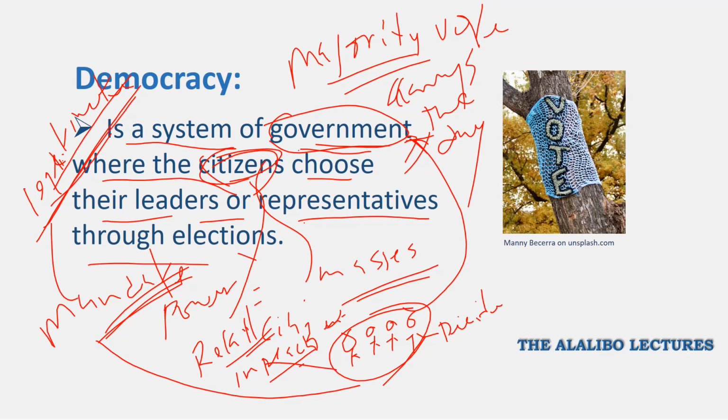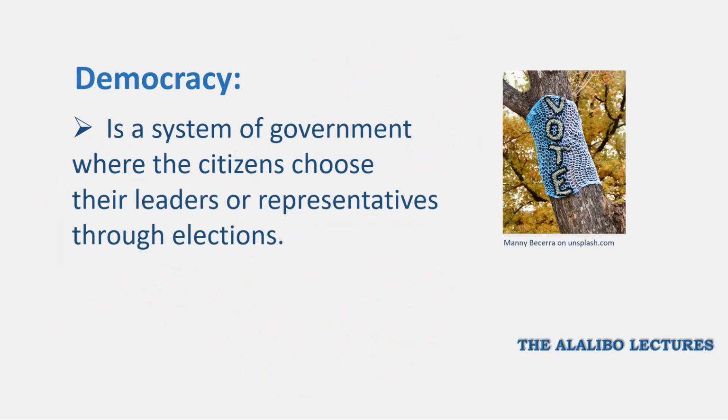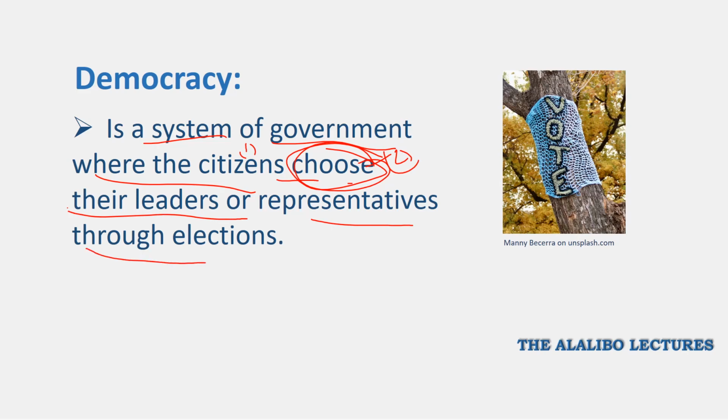So democracy then is a system. Let's clean this up. So democracy then is a system of government where the citizens choose, and this is the key word here, one, to choose their leaders or representatives through election.